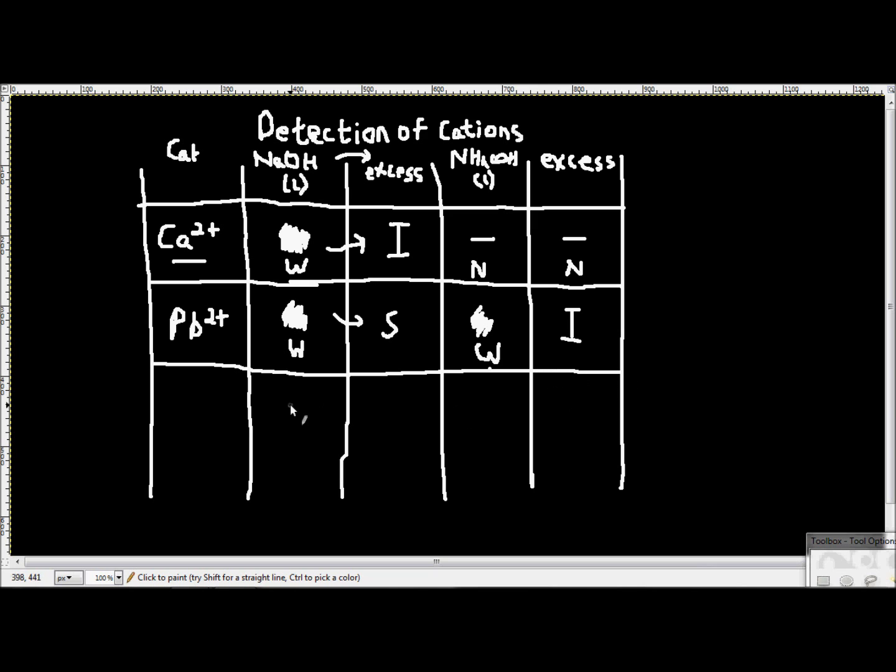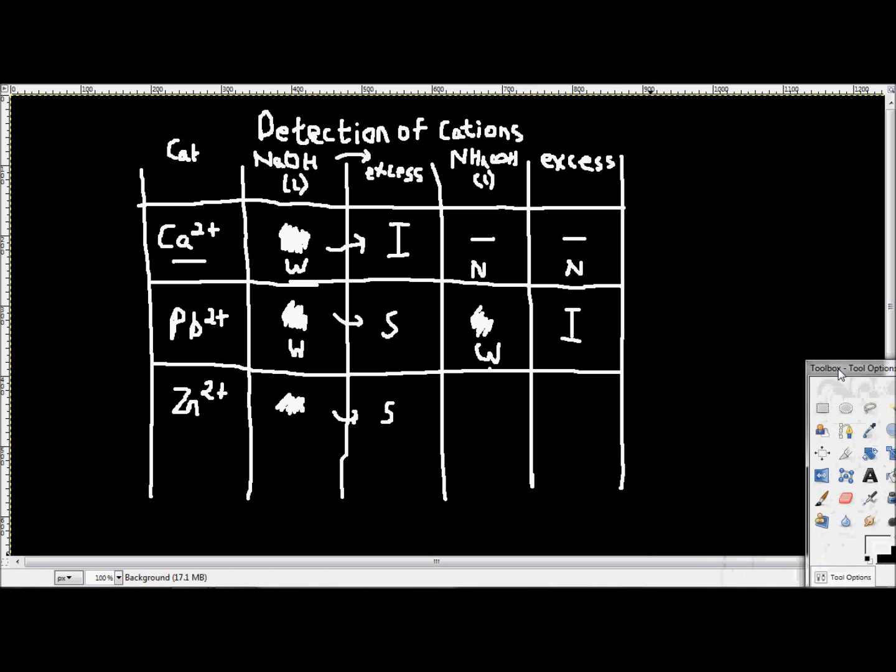Moving on to Zn2+. For NaOH little, again white precipitate. Now for excess, it is soluble, so it's exactly the same as Pb2+. Now when you put ammonium hydroxide, it's not white, but there's an important adjective there.